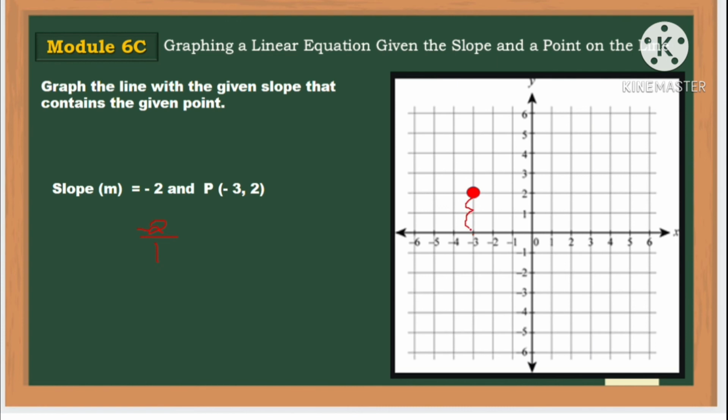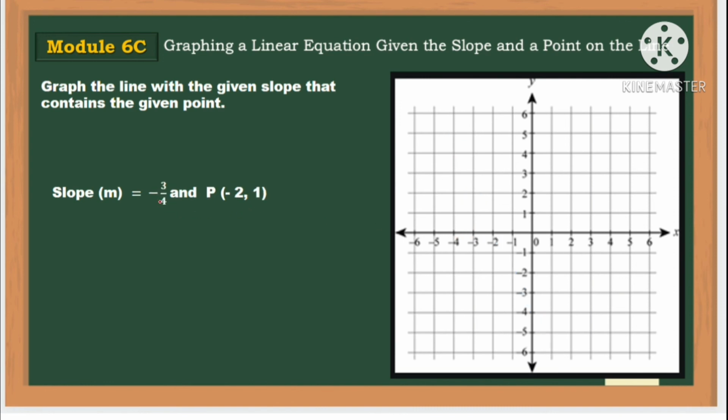So 1, 2. Then we move once going to this part. So the point is here. Then we're going to draw a line. So this is negative. See the difference between the negative and positive. Okay. So yes. Very good.